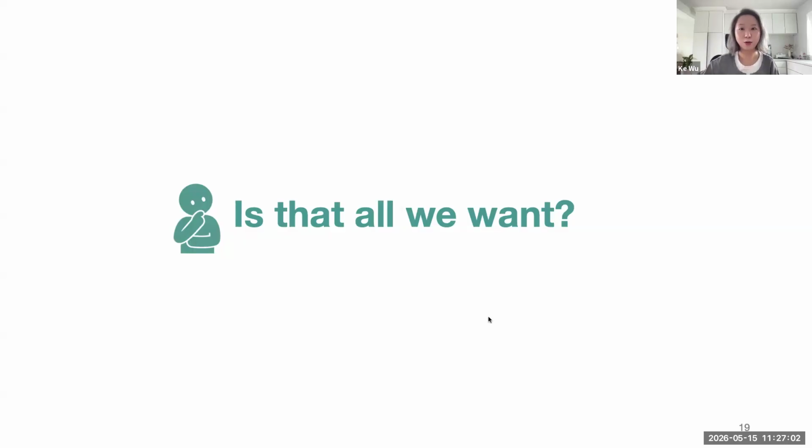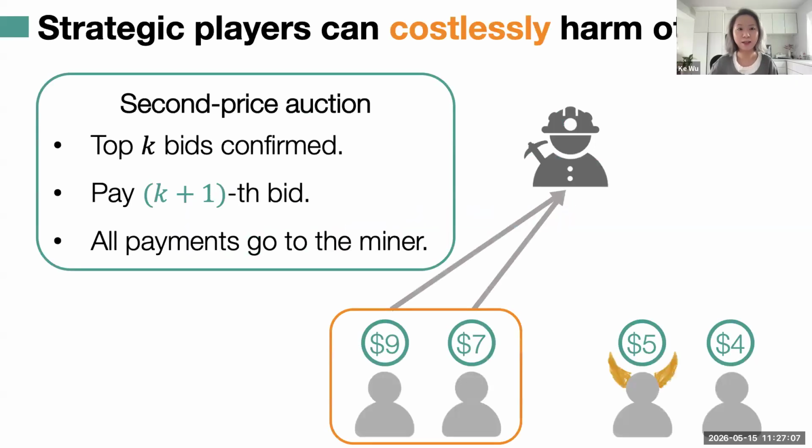So let me again show you an example, another failure mode in second price auction. You see that second price auction fails in so many ways that I'm not aware of any blockchain that uses second price auction as a transaction fee mechanism. So we know that second price auction incentivizes users to behave honestly, right? I just submit my transaction, bid my true value, that maximizes my utility. Now, again, looking at this user, my bid is 5.